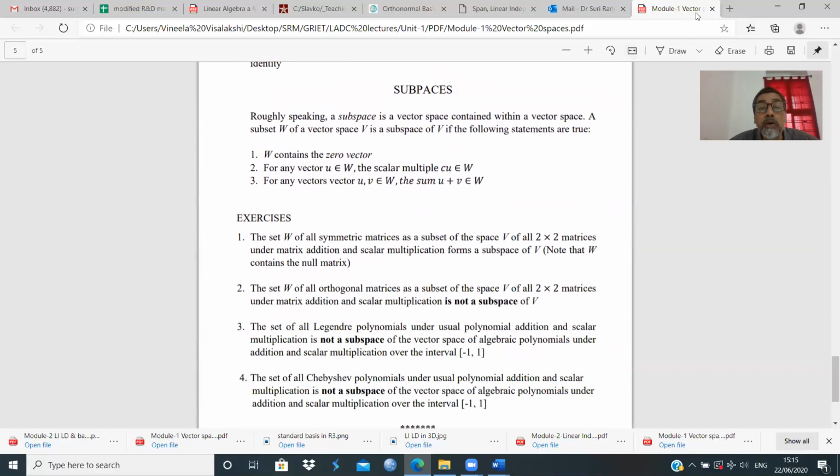Number 2, for any vector U belonging to the subset W, the scalar multiple C into U should also belong to W. That means there's a closure axiom. Then for any two vectors U and V belonging to W, the sum U plus V should also belong to W. So there's a necessity for vector addition. If these 3 axioms are satisfied, then the subset W becomes a subspace.